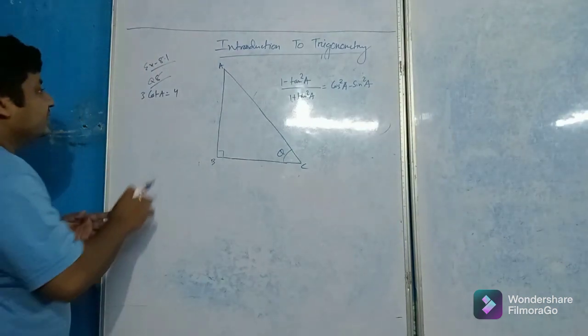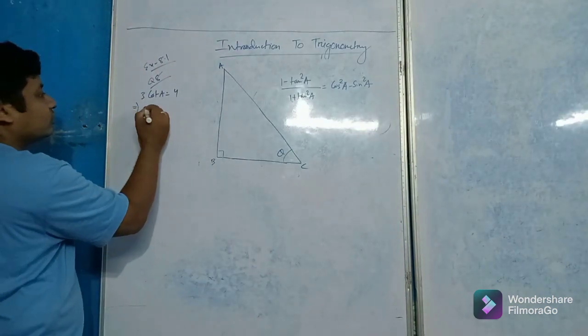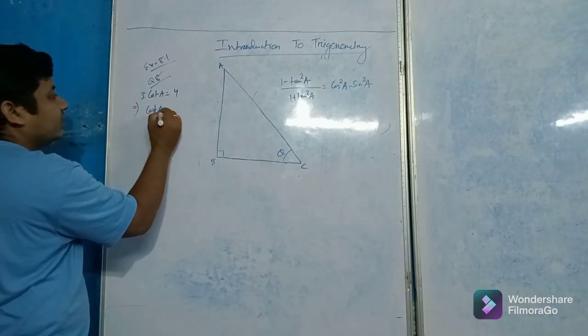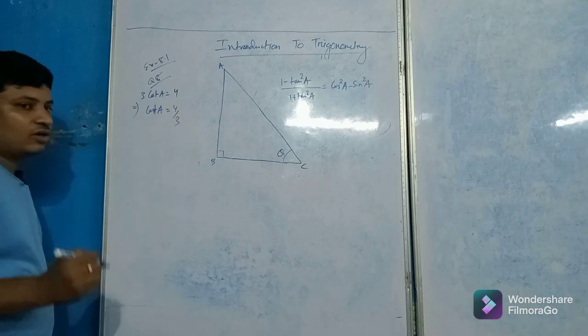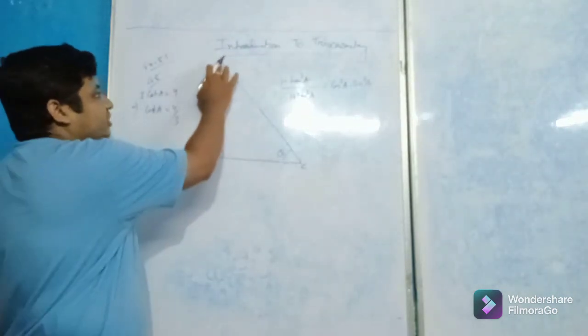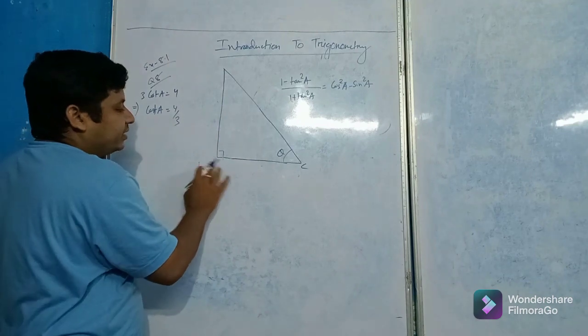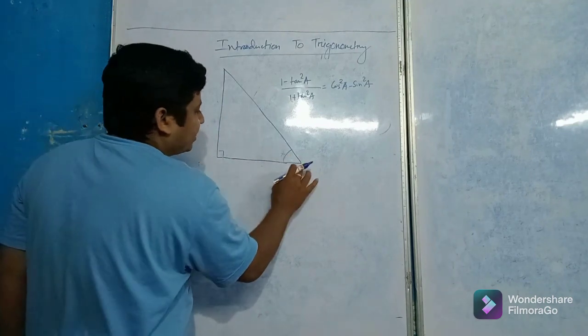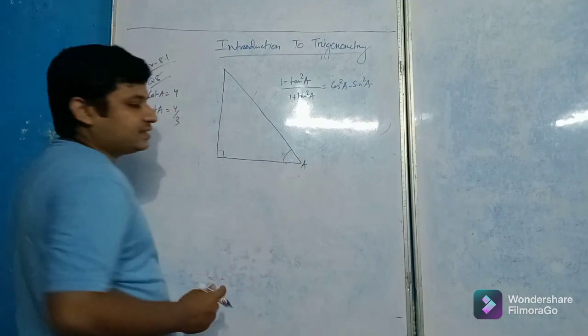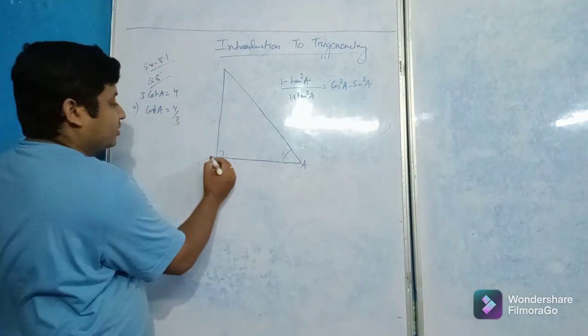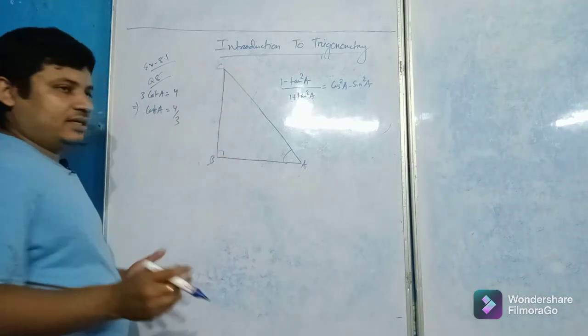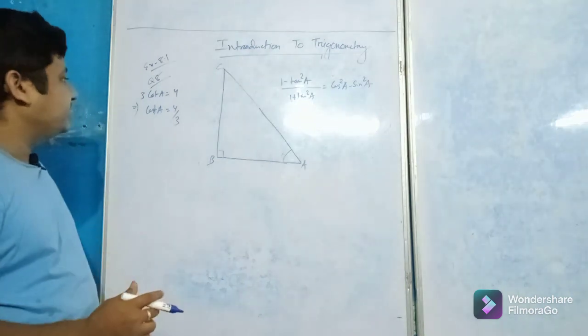Now see friends, here what happens, here it is given cot A equals to 4 by 3 given, cot A. So I have to change the name. As per my triangle I will be changing it. Let us name this angle as A. Then this one is B, this one is C. As the question required, that's why I am changing.